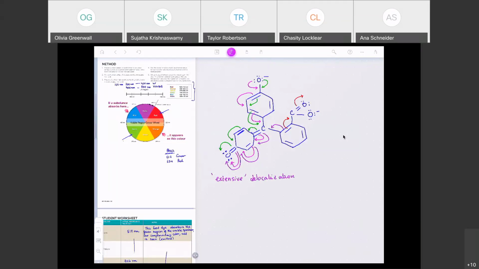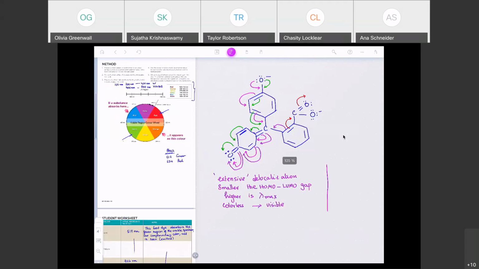Greater the conjugation, smaller the HOMO-LUMO gap. You can go that way. That'll be a molecular orbital explanation. So higher is the lambda max. So from colorless, it moves to the visible region, and that's why you can see the color.